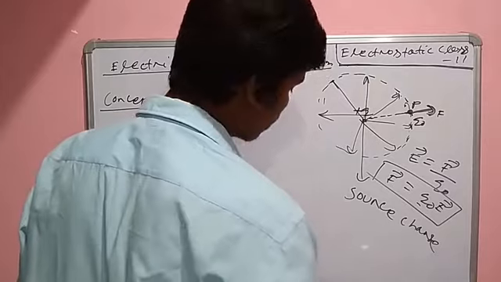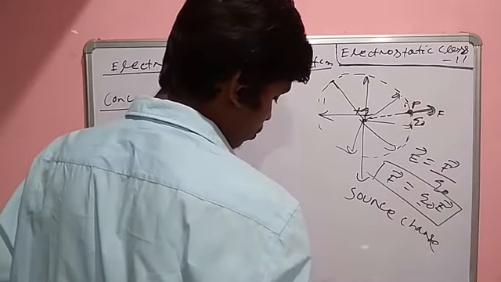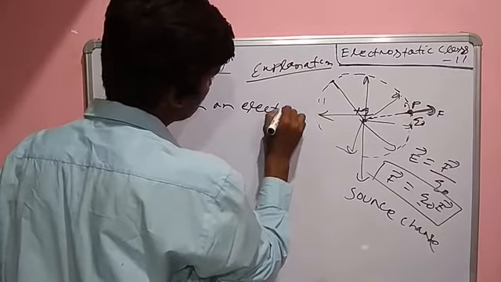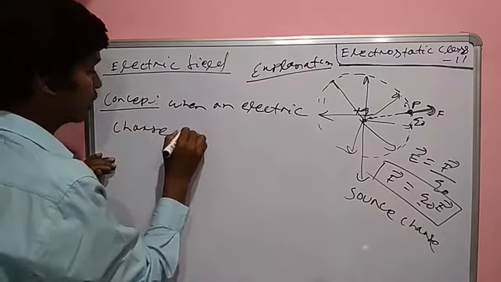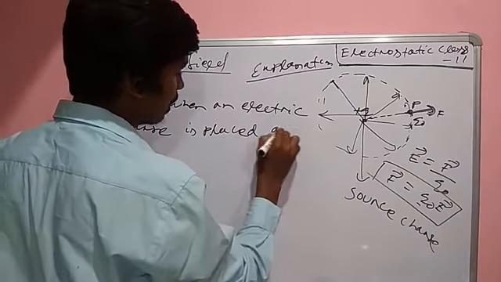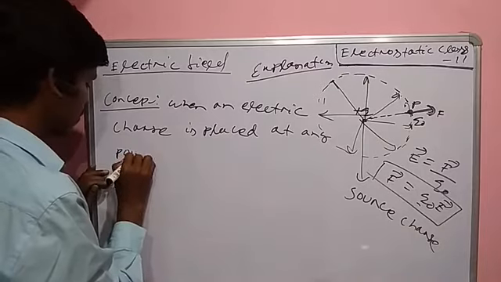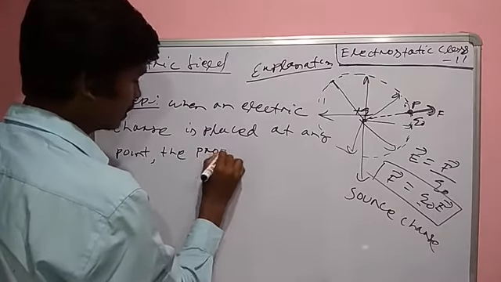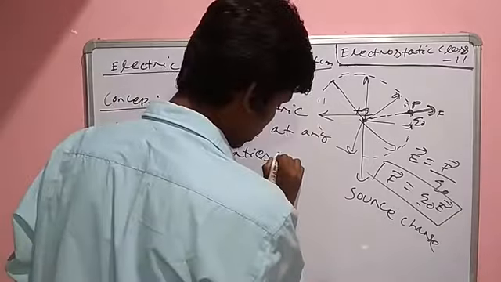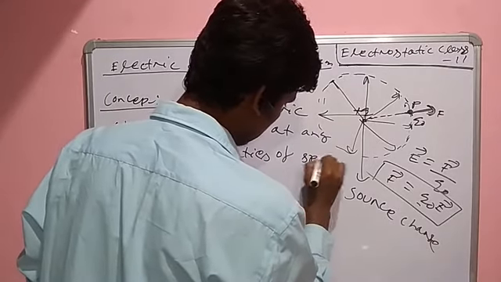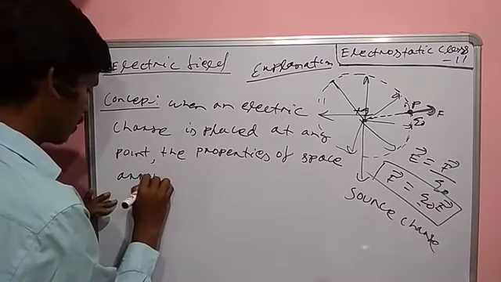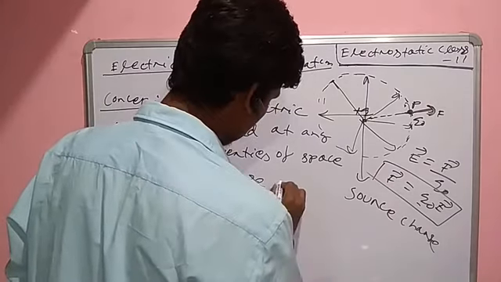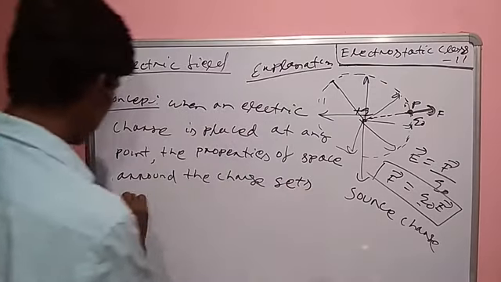When an electric charge is placed at any point, the properties of space around the charge get modified.